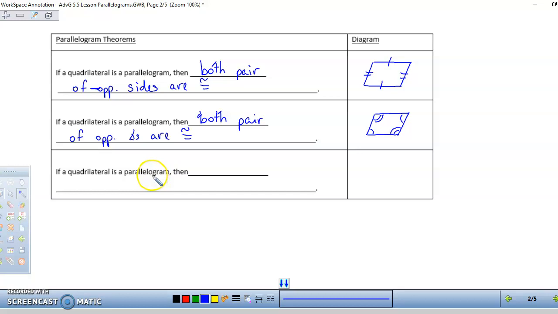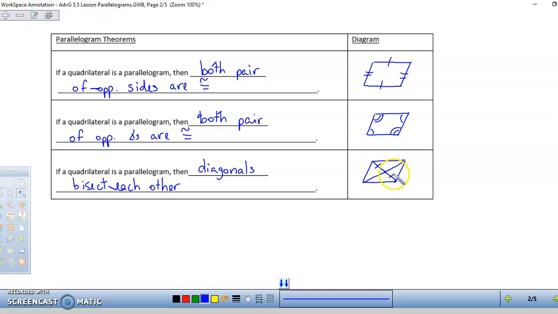Last one, if a quadrilateral is a parallelogram, then diagonals bisect each other. Okay, so that one is a little more involved of a picture. But again, if I'm given this is a parallelogram, and I draw in my diagonals, if they bisect each other, you know this intersection point here is a midpoint of both diagonals.